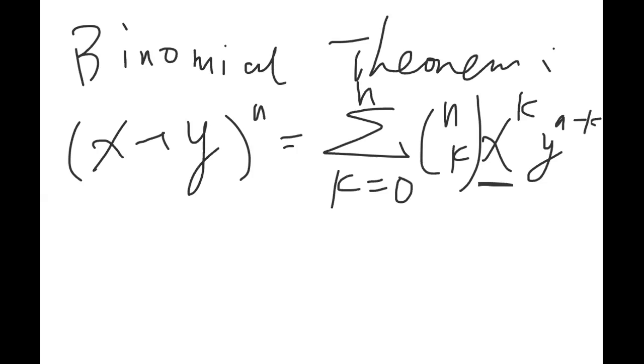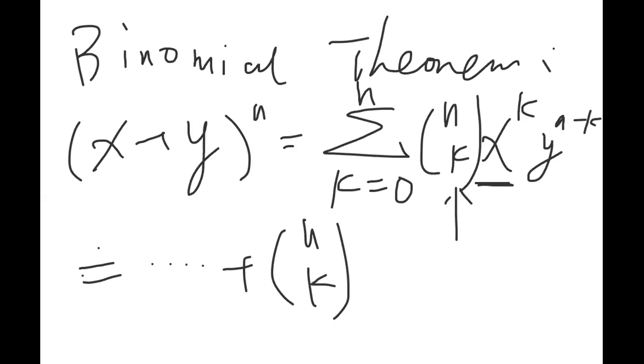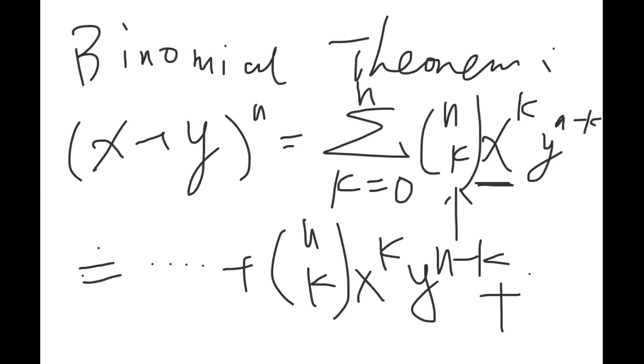So for the kth power term of x, the coefficient is binomial n choose k. Right? You know immediately that this is the coefficient for this term.